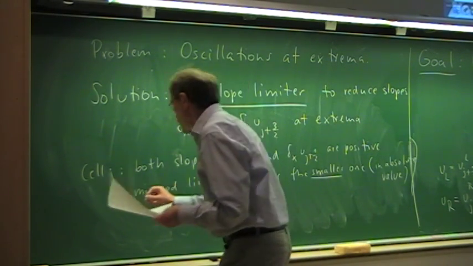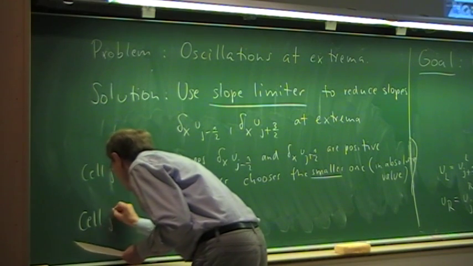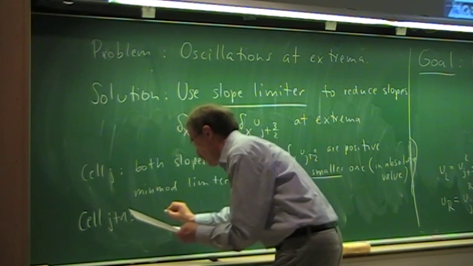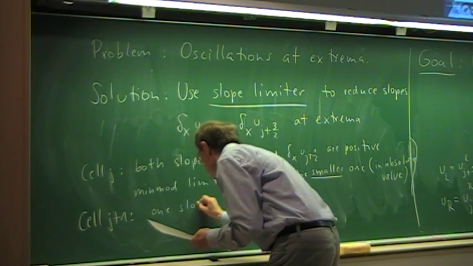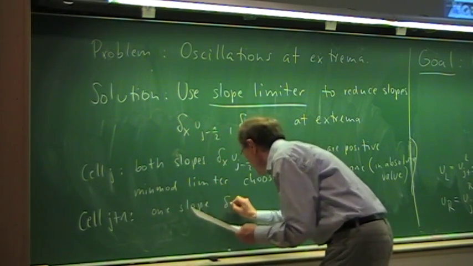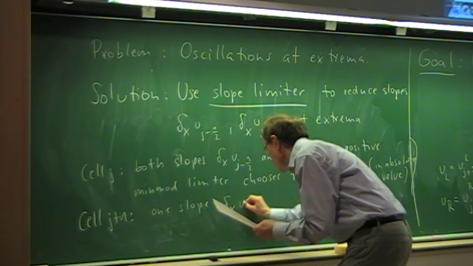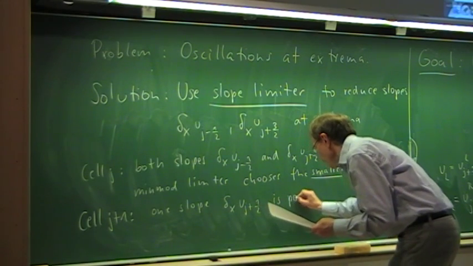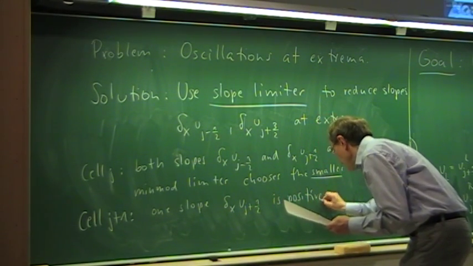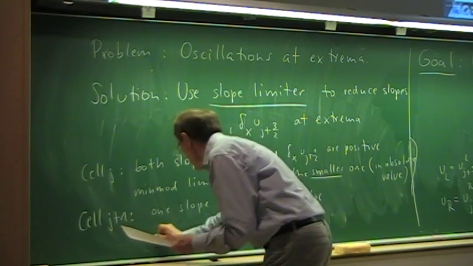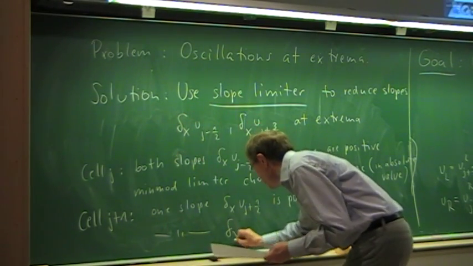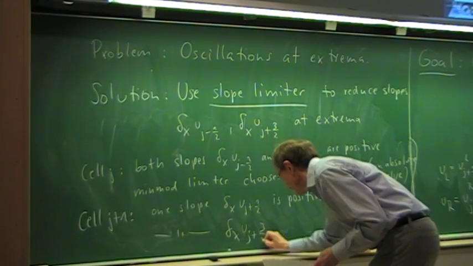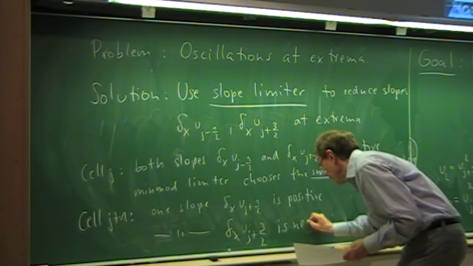In the cell J plus 1, the situation was different. One slope, the slope delta x uj plus 1/2, is positive, and one slope, the one that we used for the right reconstruction in the beginning, j plus 3/2, is negative.